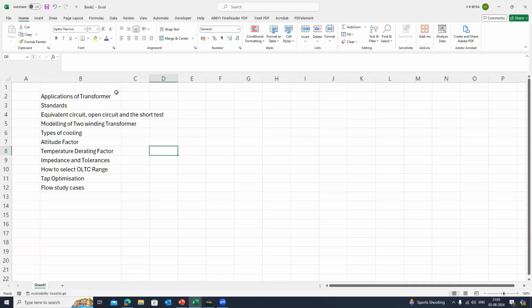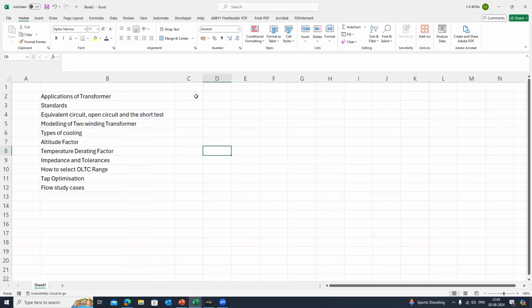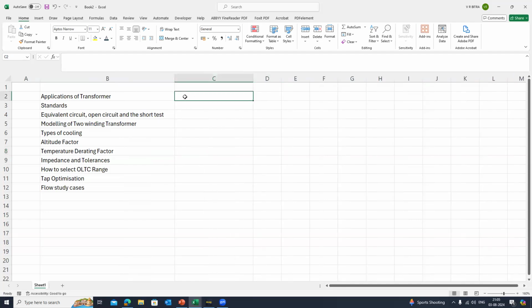Can anyone say what are the applications of the transformer, or what is the purpose of the transformer? Any ideas? Any answers that I can expect? Step up and step down, voltage regulation, sir. Yeah, okay. We can write it out: step up or step down without changing the frequency. Yes. Also, anything else?